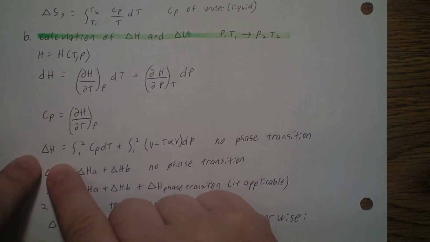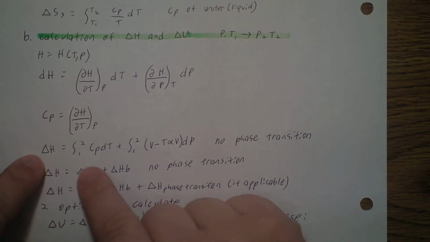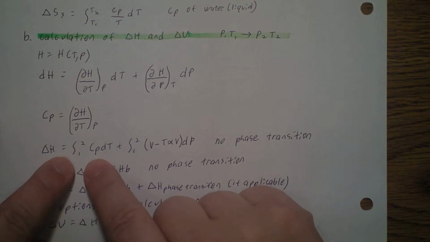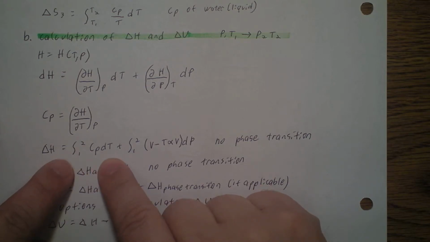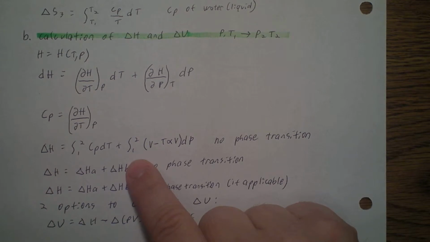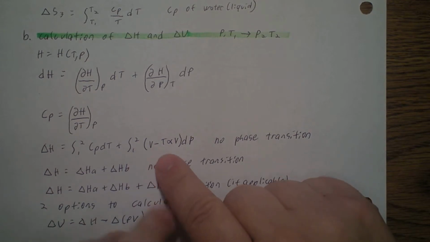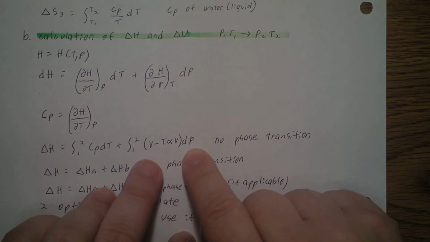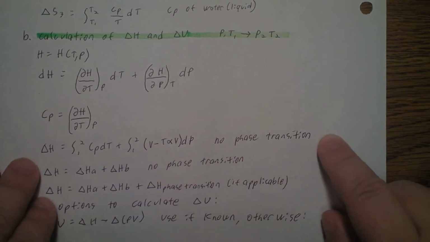So the change in enthalpy is the integral from state 1 to state 2 of the heat capacity at constant pressure with respect to temperature, plus the integral from state 1 to state 2 of volume minus temperature times alpha times volume, with respect to pressure. And that's assuming no phase transition.